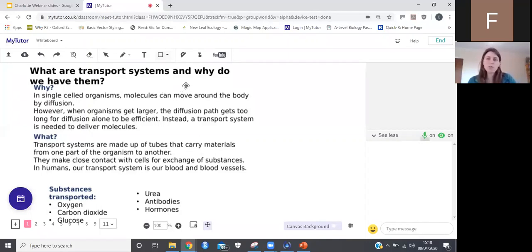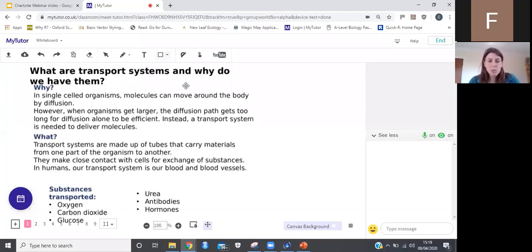However, when organisms get larger, so multi-celled organisms, and then really quite large, well-developed organisms like ourselves, the diffusion path gets too long for diffusion alone to be efficient. We are just too big for particles to be able to move around our bodies by diffusion alone. And there's also too much going on. We're very complex organisms as a whole as humans.